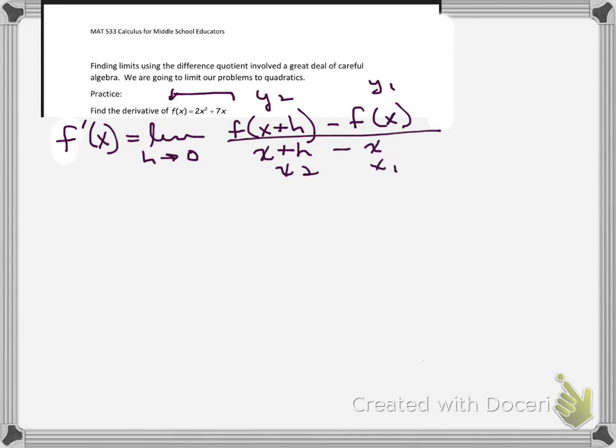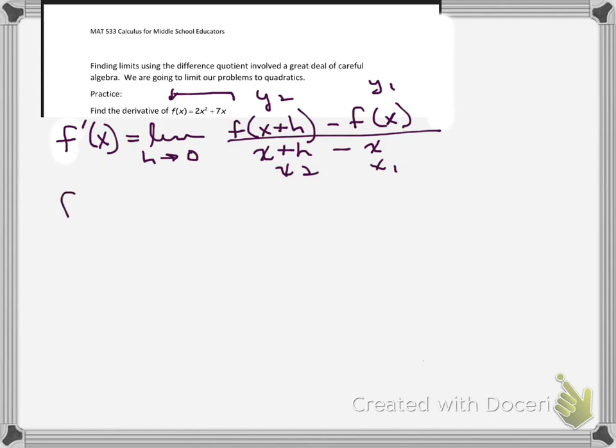So this is f of x plus h minus f of x, the original function, over the difference in the x's: x plus h minus x. That's your format. How do I apply that to the function that I have? Because the first thing I wrote down is just generic.